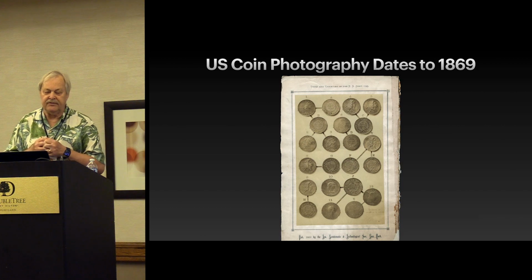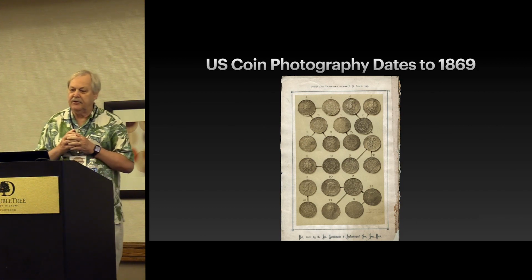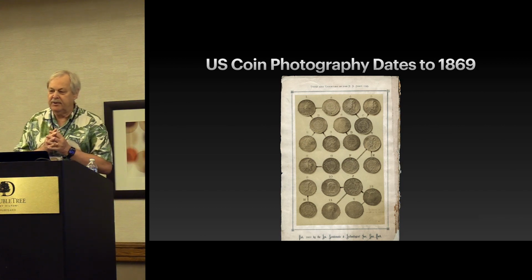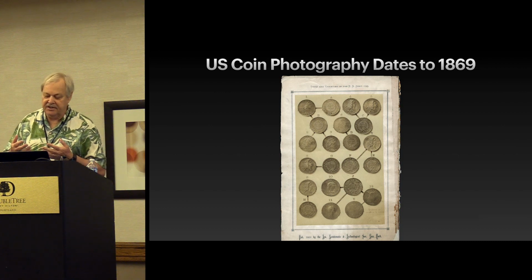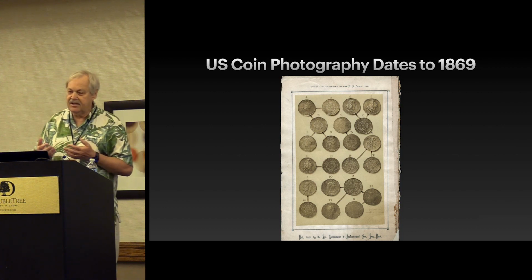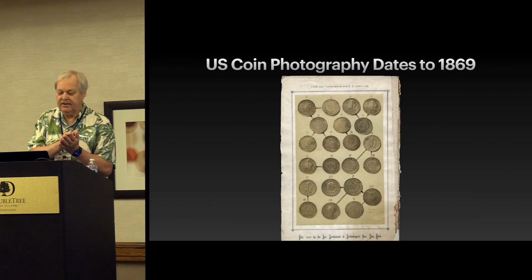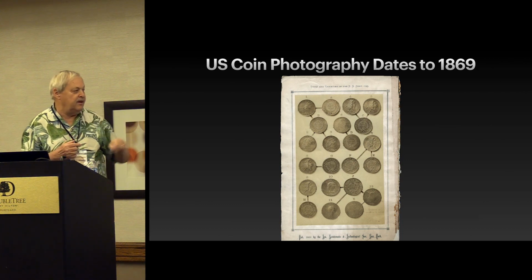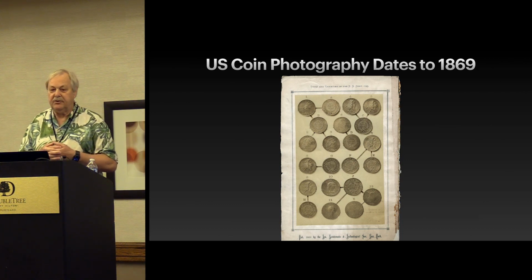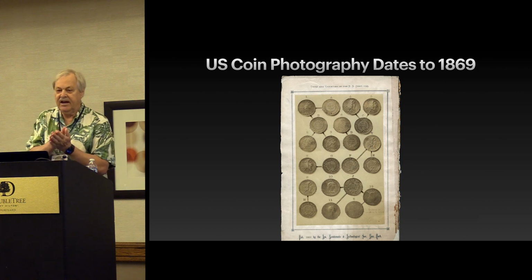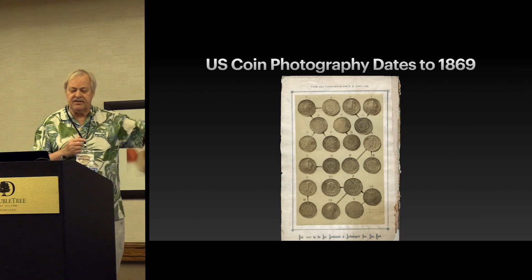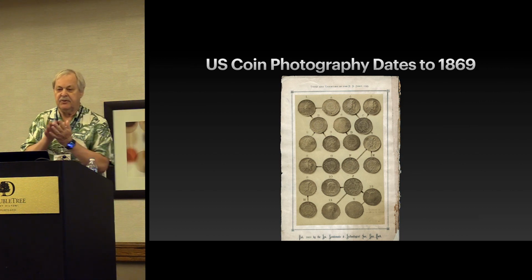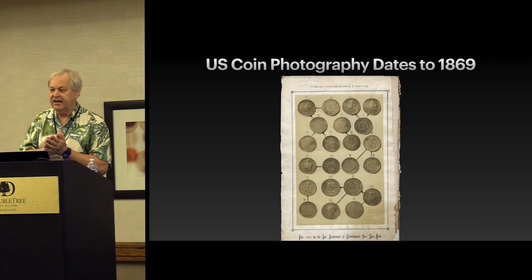They were photographed with a glass plate negative large format camera, and then the negative, after it was developed and fixed, was laid down on a sheet of paper. The tan paper that you see there is a sheet of photographic paper, and then contact printed. So every one of the plates that exist of this were contact printed directly from the original negative.